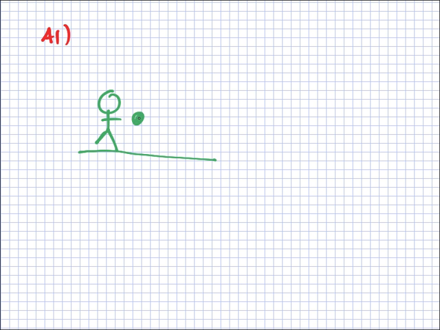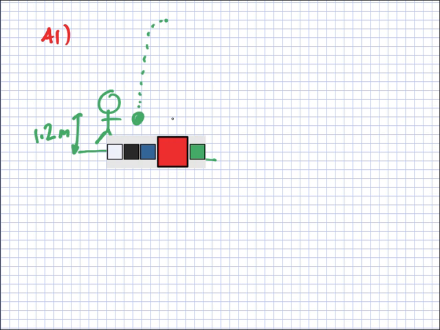It says later in the question that this is 1.2 meters, but they don't care about that at the beginning. The first question is they want the maximum height, and the time to reach the maximum height, and then finally they want to know the velocity when it hits the ground. So let's look at the maximum height.